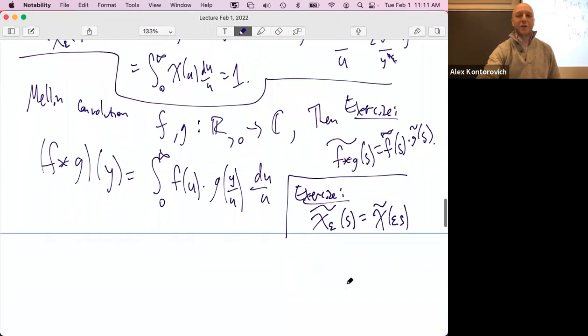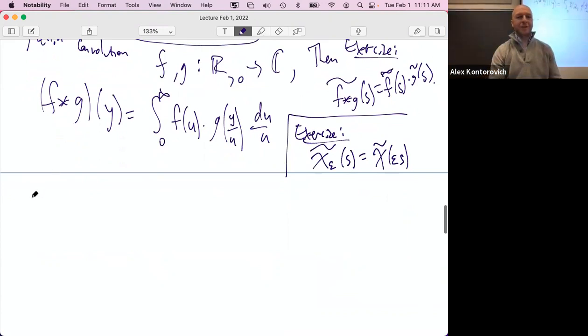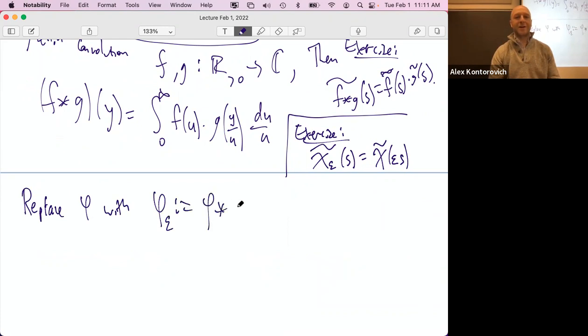Okay, so now what do I want to do? Do all of the above, replacing psi with psi epsilon, which is psi Mellin convolved with chi epsilon. Let's look at this function.